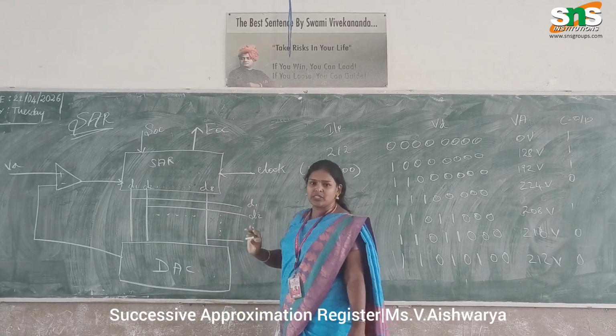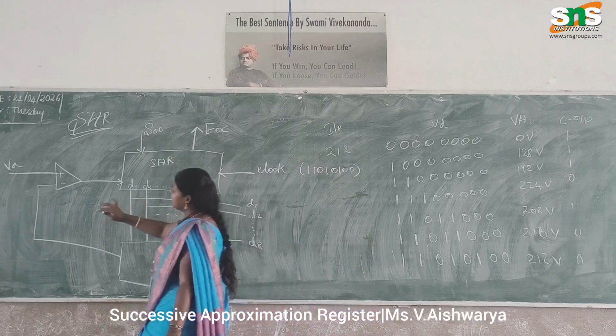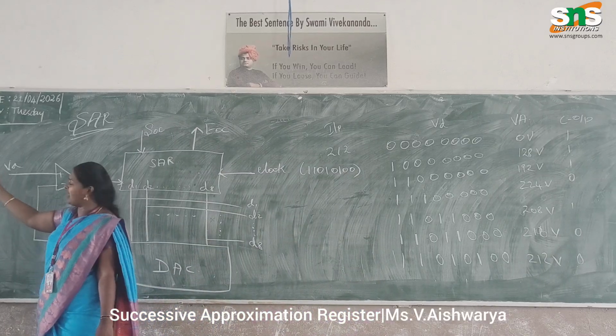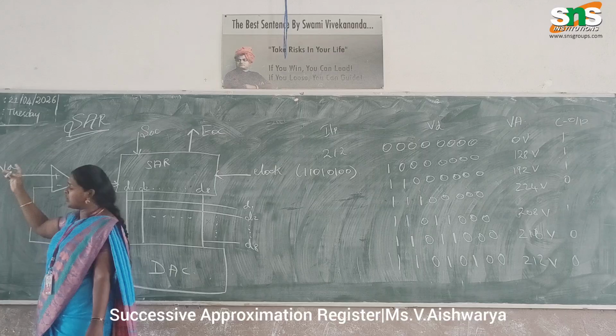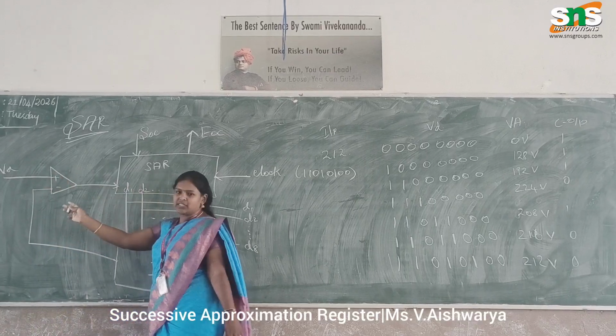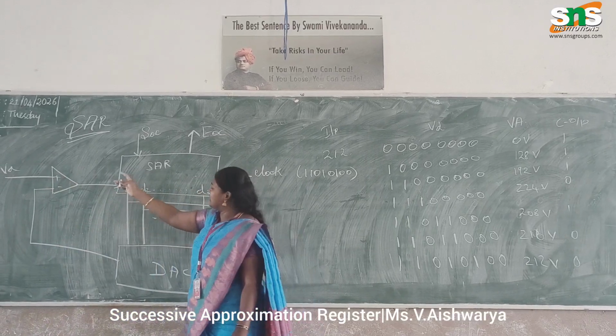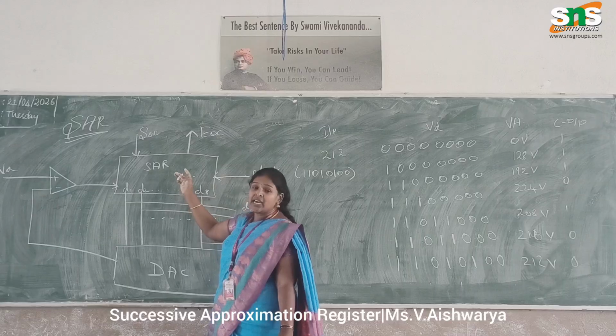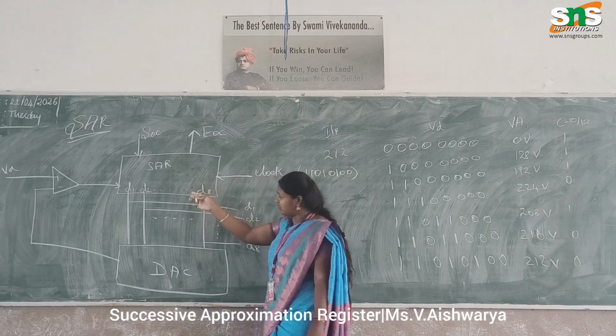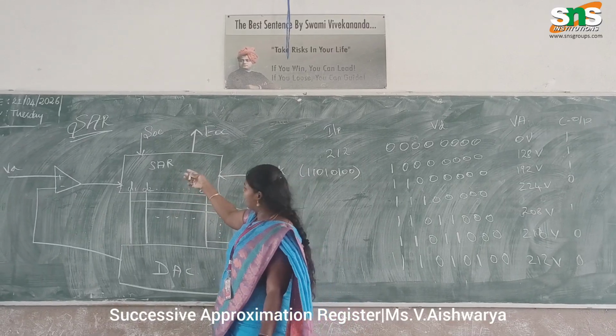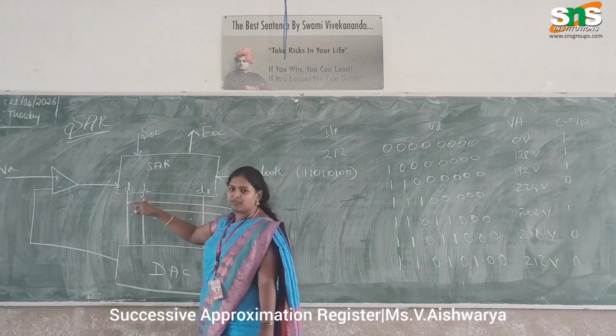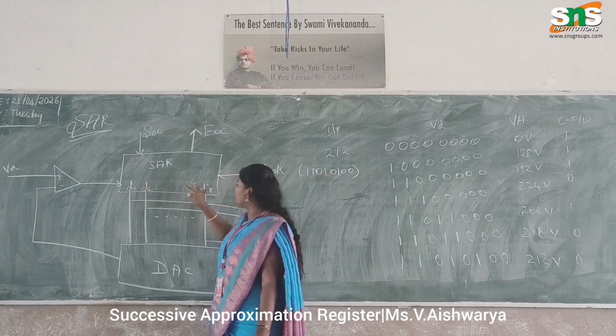Let us see how this works. In the comparator we apply the analog signal, that is VA. After comparing, that signal is given to the SAR register. After conversion, the SAR register gives the digital form of output, that is D1 to D8.